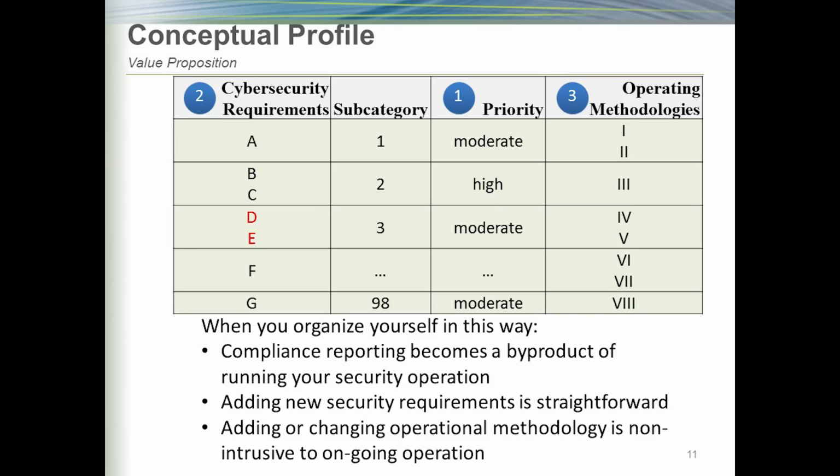When you organize yourself this way, we're getting closer and closer to this elusive goal of making compliance a byproduct of just running a good, clean security shop, right? We're showing the connected path between operating methodologies like a security control and the cybersecurity requirements that we're beholden to.